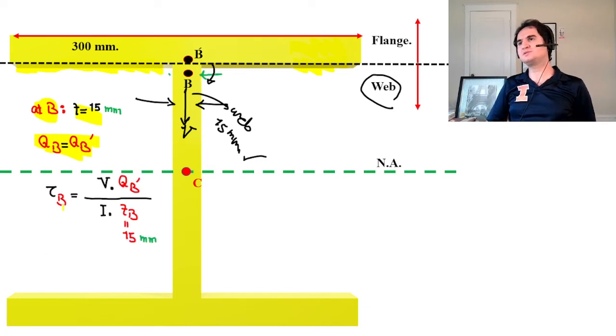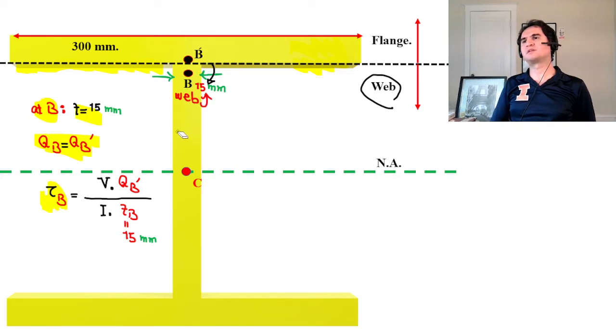So how does that go? For tau B, V remains the same, I for the entire assembly remains the same, QB prime remains the same. The only change here is the thickness at point B.